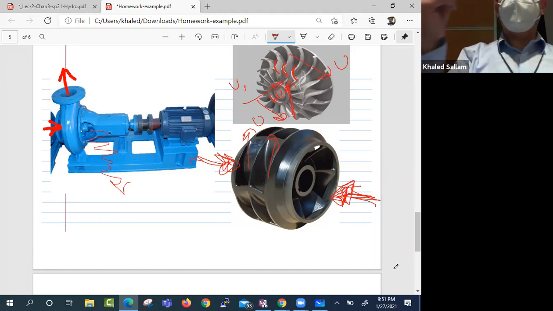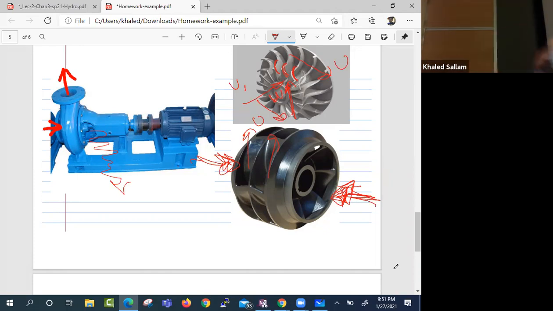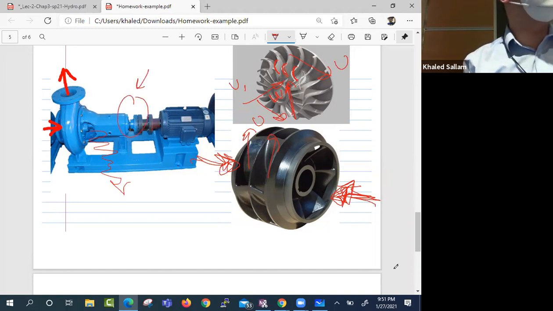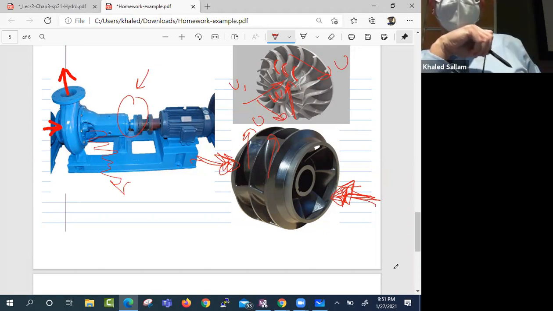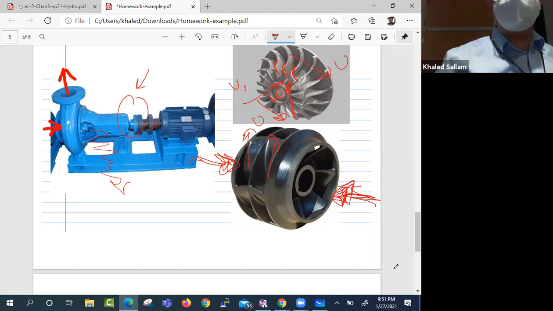So if the flow comes from this way and goes that way, the impeller will always feel pushed. All that fluid coming and leaving, we will always be pushed. So the bearing, and we have a lot of companies in Tulsa that actually make pumps, big companies that make pumps, and companies that make just the bearings, and the gland that will seal the water, because you don't want the liquid, and sometimes those are radioactive material or bad chemicals, to leak in the factory.